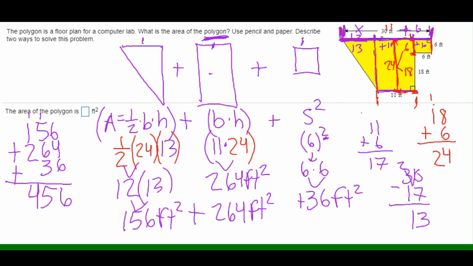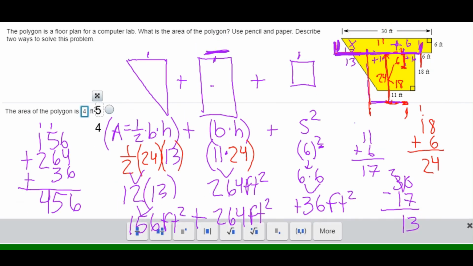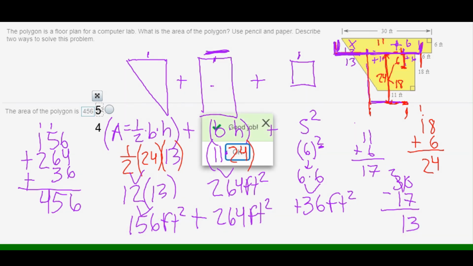And then I'm going to put my answer into the computer. 456, and there we go.